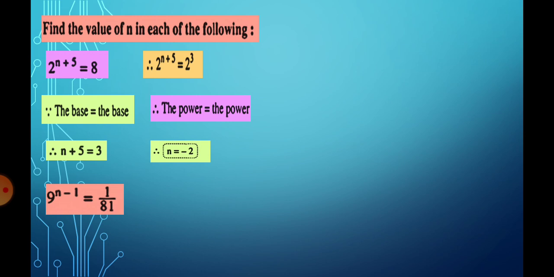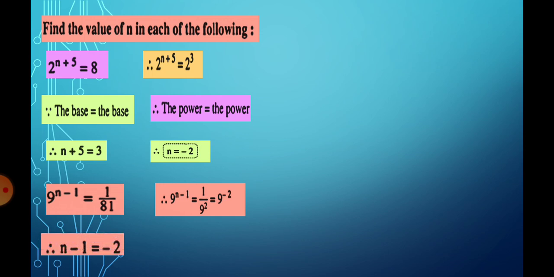But here 9 is in the denominator, we want to put 9 in the numerator. We change the sign of the power, then the form will be 9 to the power n minus 1 equals 9 to the power negative 2. Here the base equals base, then we can write the power n minus 1 equals negative 2, then n equals negative 2 plus 1 equals negative 1.